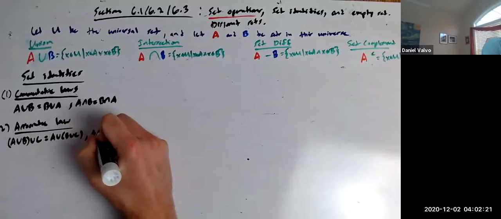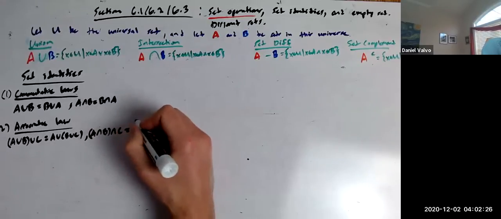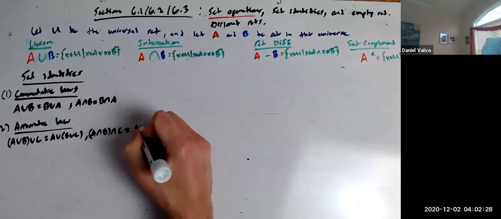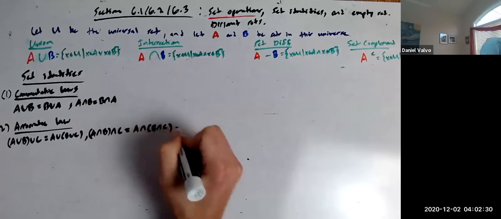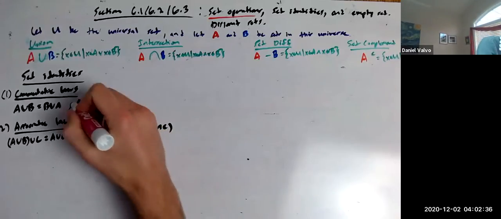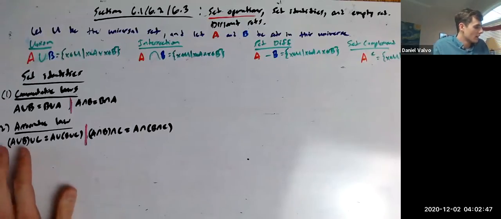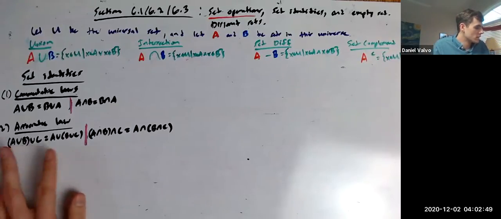And we also have that (A intersect B) intersect C is equal to A intersect (B intersect C). I'm going to add a nice divider so we know when one ends. The point being, this is kind of clear once again, I think. It's just that the order in which you do these unions doesn't matter.